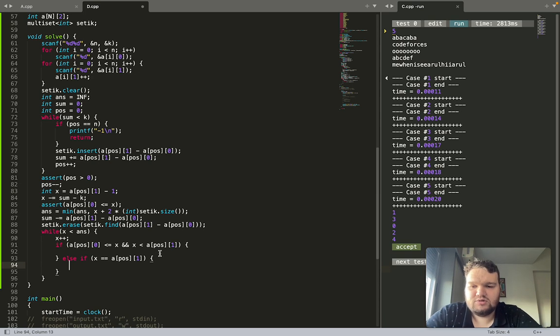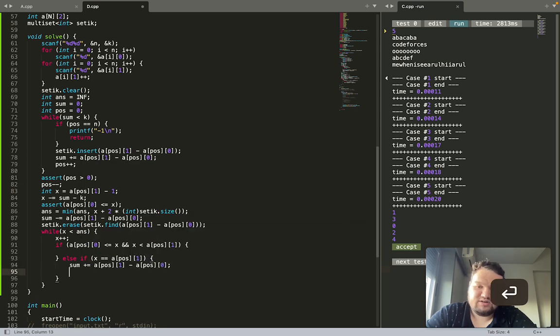So this is the simpler case. Here I don't have to update the answer, because if I'm not increasing the number of cells I can use, then I don't have to update the answer. So I will have to update the answer only here. Here, on the other hand, I should increase the sum by the length and insert the length in the set.